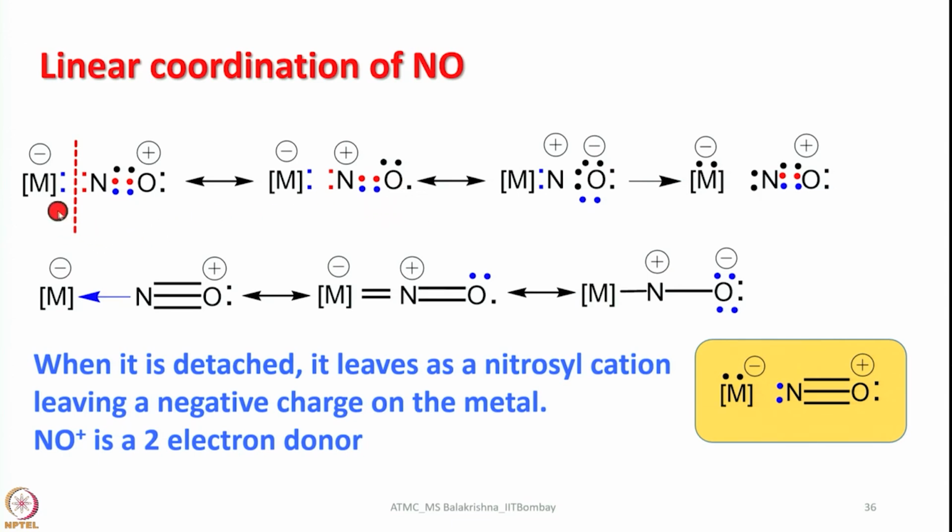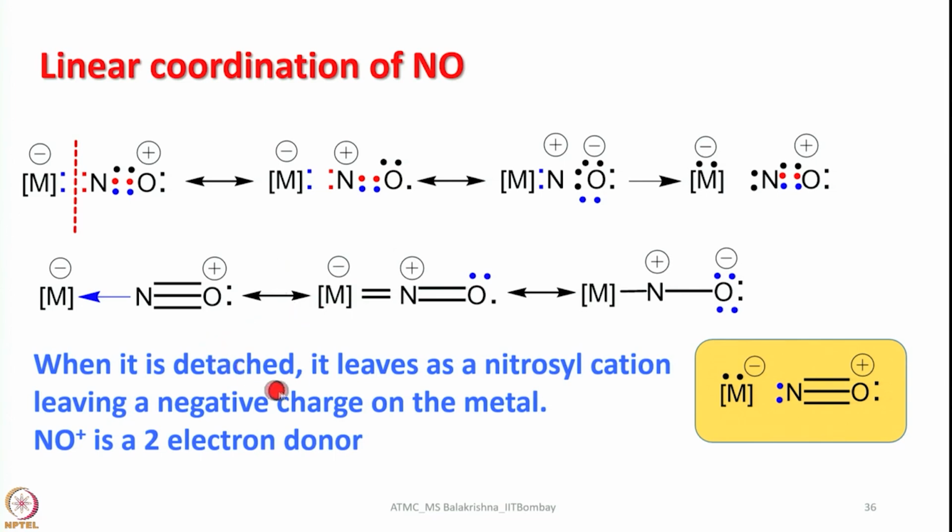In the same way, when there is minimum, just sigma donation, this would happen. When slight back donation is there, this bond is weakened, this bond is strengthened. So, these are the three extremes one can think of in the case of the NO ligand as well.